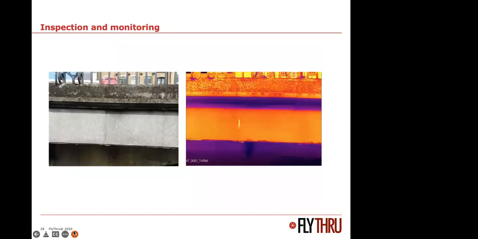And one of the things we were asked to inspect was some of the edges of the parapets, where we were using a simultaneously captured thermal and standard image, and were able to identify some water ingress. When you went straight up in a straight line from that picture, you could see that there was a bad repair that had been done of the footpath, and it was just a very, very simple way of saying, what's that?